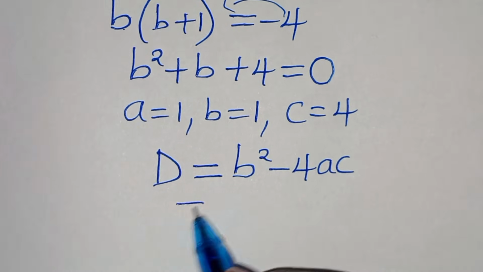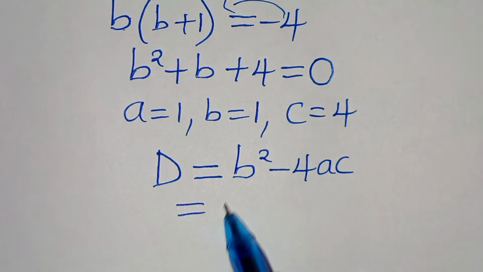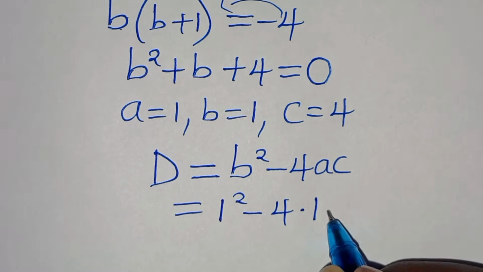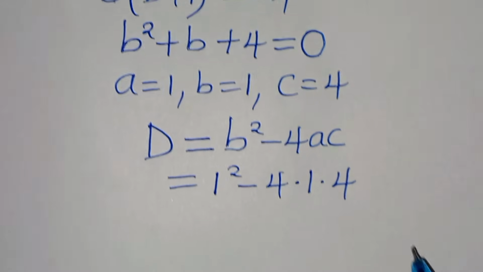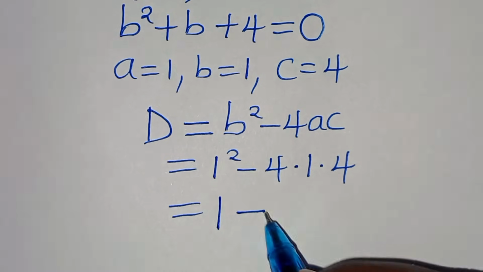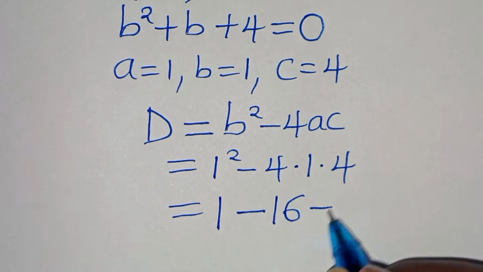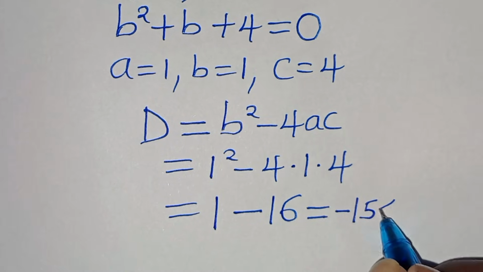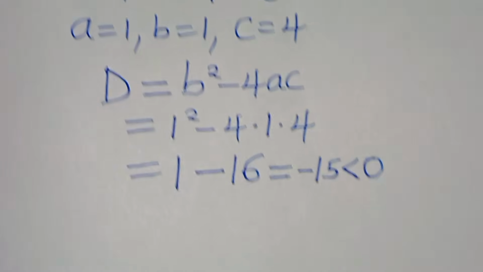So let's substitute the values of a, b, and c. So this is 1 squared minus 4 times a, which is 1, times c, which is 4. So this is 1 squared, which is 1, minus 4 times 4, which is 16. This is equal to 1 minus 16, which is minus 15, and this is less than 0.